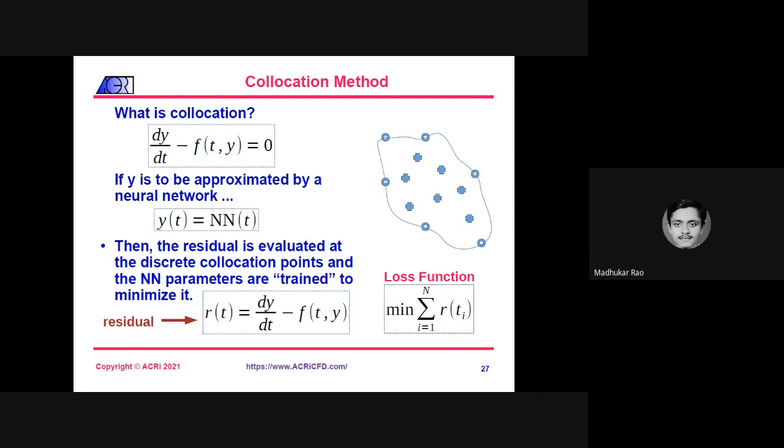So the residual is evaluated at the discrete collocation points, and then I put that into my cost function or loss function and use gradient descent and variants thereof, backpropagation and so on. Of course, there were no frameworks in Lagaris's time, so he had to write all the code himself. But now we have modern frameworks which can do the job for you. So what took him probably months, you can probably finish in one afternoon.